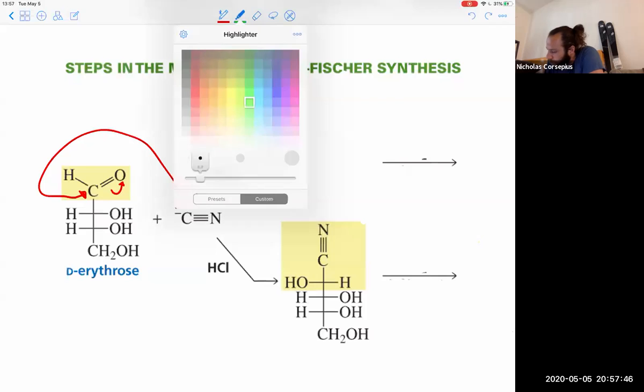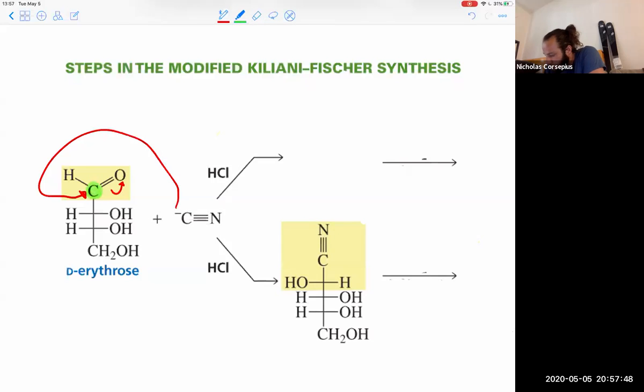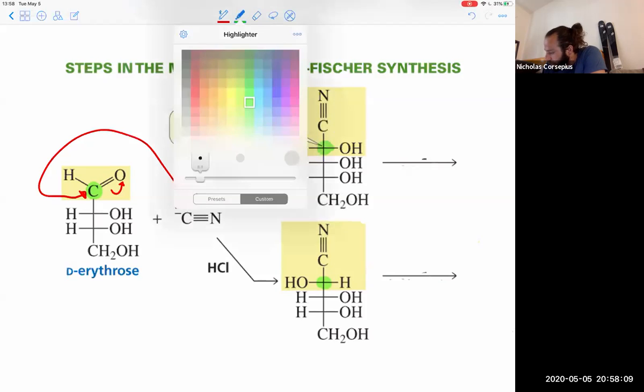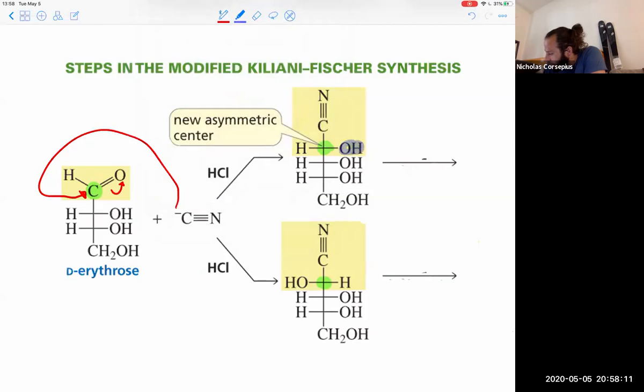So just to keep track of who's who here, this carbon right here is now this carbon. But of course I can't control which side my nucleophile is going to attack from, so we actually have two different stereoisomers that are generated. Notice that the only difference here is which side that OH group is on.